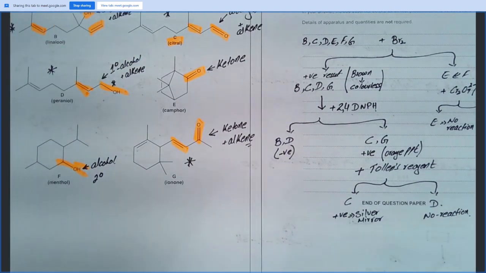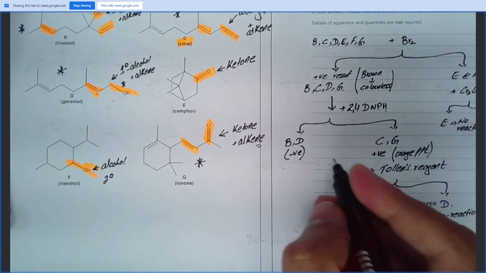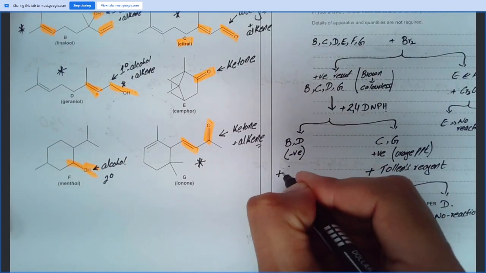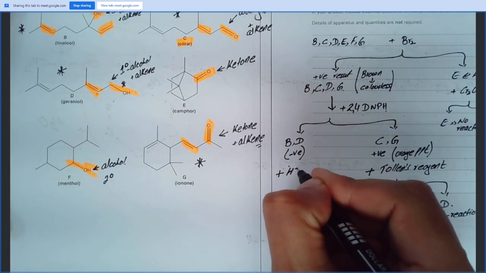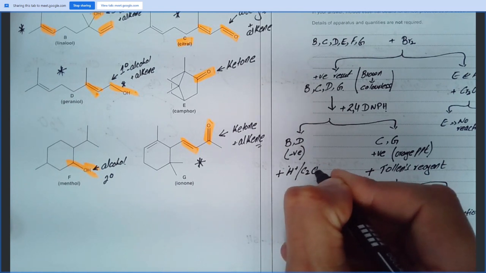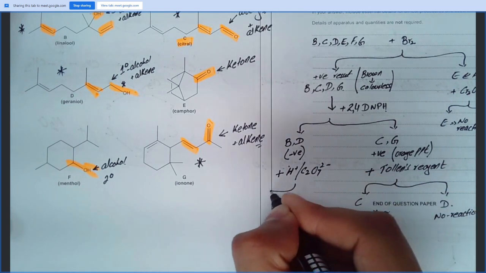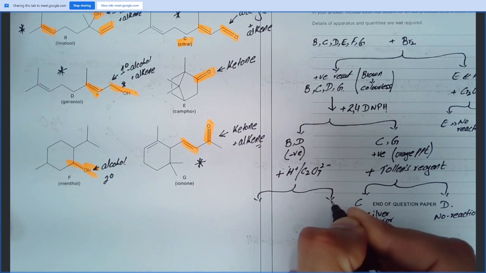So out of 6, 4 are now identified. We are left with only 2, B and D. To B and D, if I add acidified Cr2O7 2-, one is a tertiary alcohol. Which one is it?